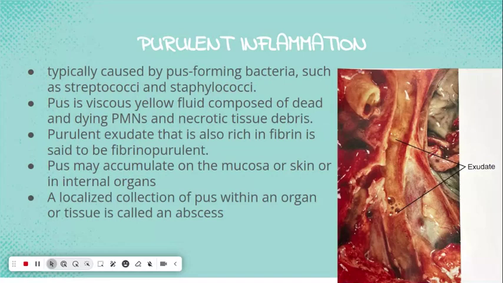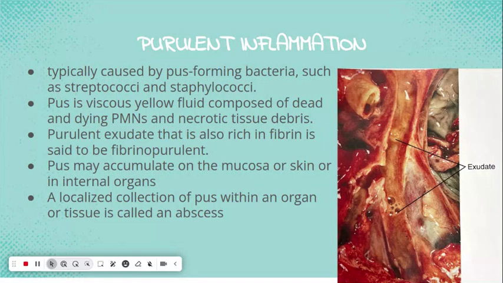Then we have purulent inflammation, and this is typically caused by pus-forming bacteria such as Streptococci or Staphylococci. Pus is usually yellow, and it's composed of dead or dying polymorphonuclear neutrophils and necrotic tissue debris.